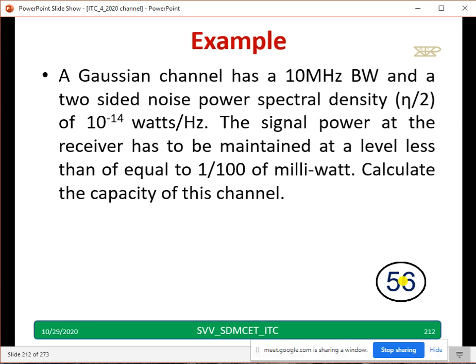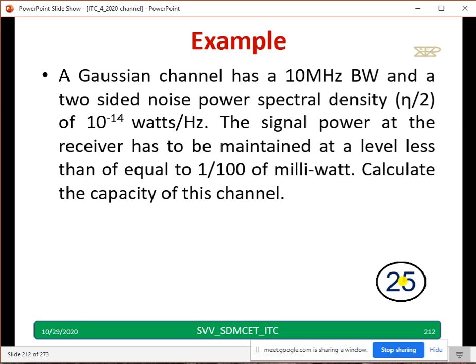Take one minute. Copy down. Those who have copied can try to solve it. A Gaussian channel has a 10 megahertz bandwidth and a two-sided noise power spectral density, N0 by 2, of 10 raised to minus 14 watts per hertz.